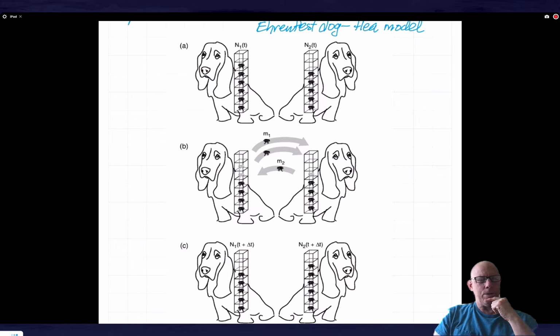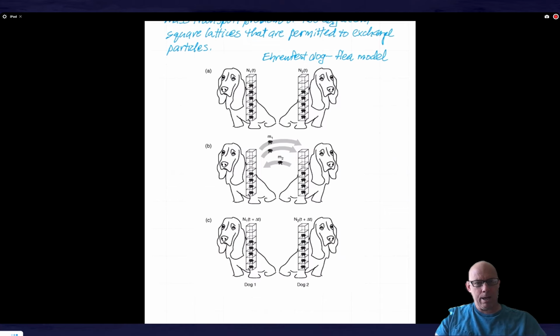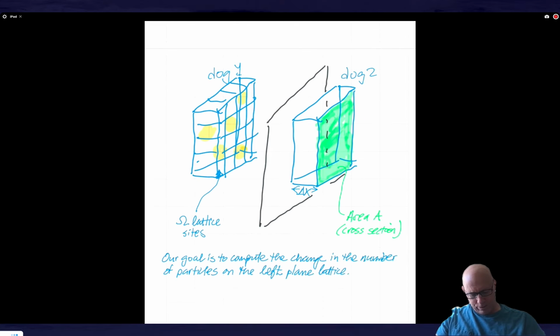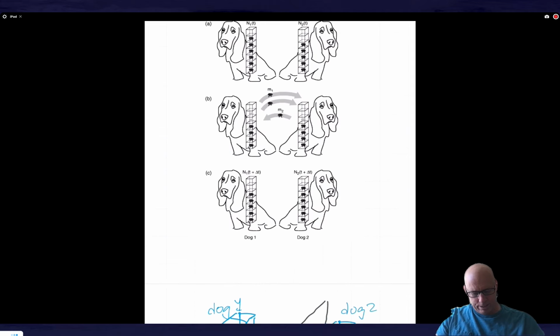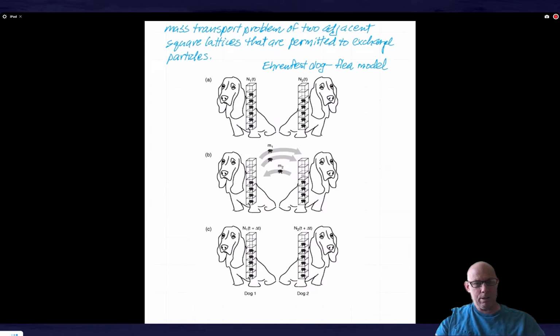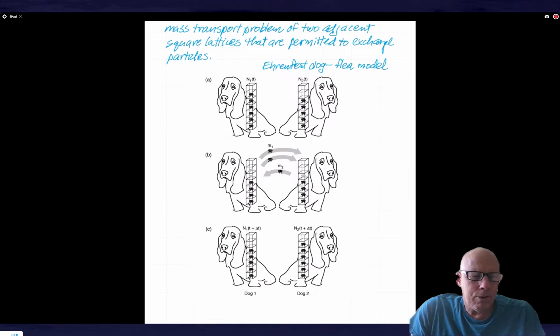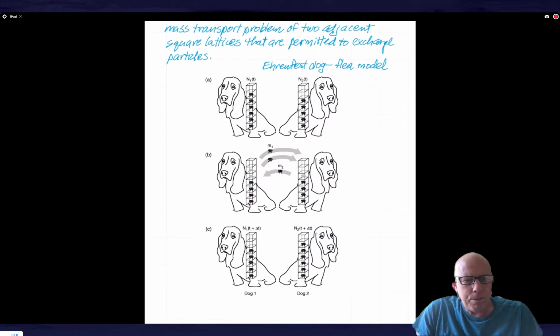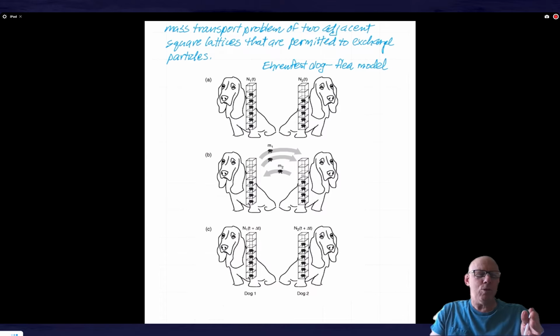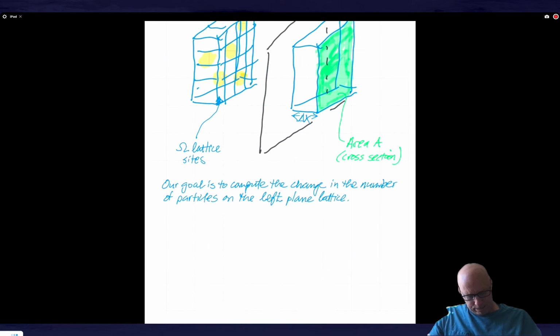And the way I'm going to do this is by reckoning, we can use Fick's law, but we're also going to reckon the free energy of this little world, where the free energy is given by the number of ways of rearranging the fleas on the two dogs. And the maximum entropy state, you probably won't be surprised to guess, is when each dog has the same number of fleas. So in that case, the entropy of the universe of two dogs is actually maximized.